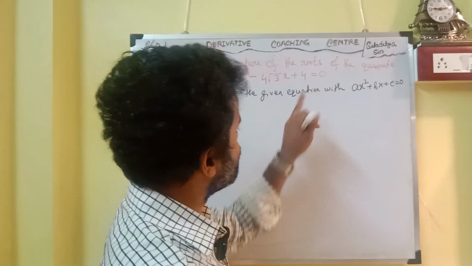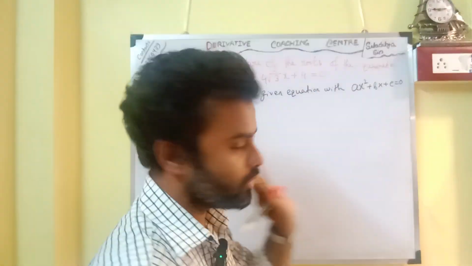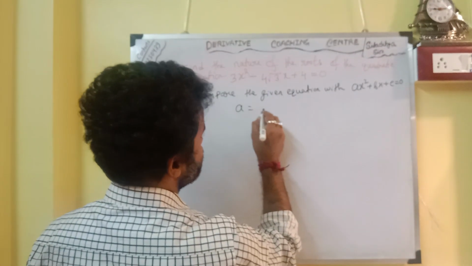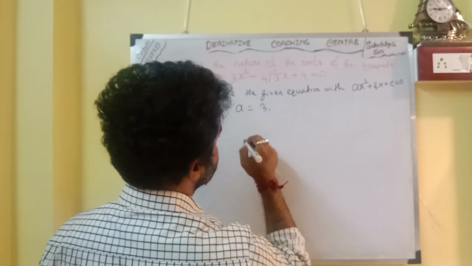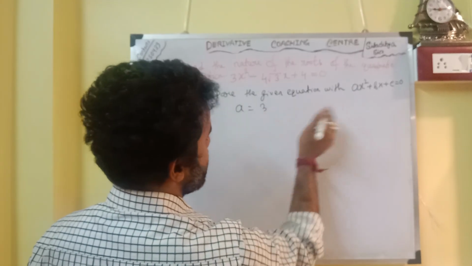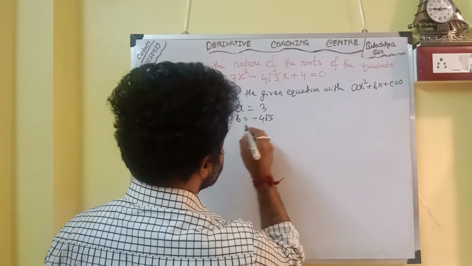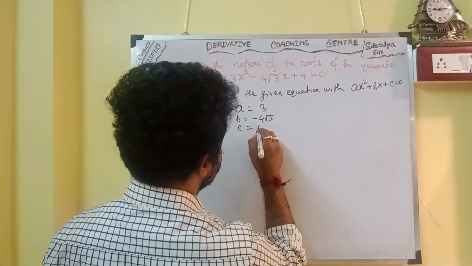You have to compare this equation with this equation. Then a equal to 3, b equal to minus 4 root 3, and c equal to 4.